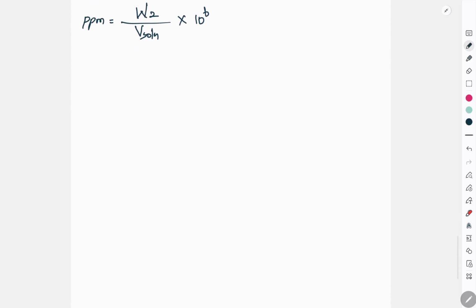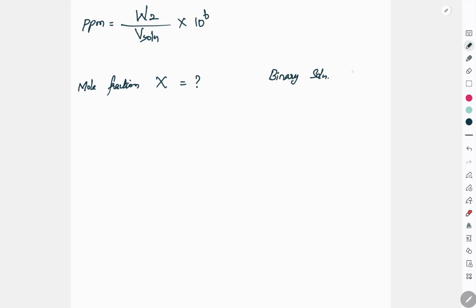Then there is another term called mole fraction. Sir, mole fraction symbol is psi. For a binary solution, what is meant by binary solution? There are two components, A and B. A is solvent, as I already told you. B is solute.